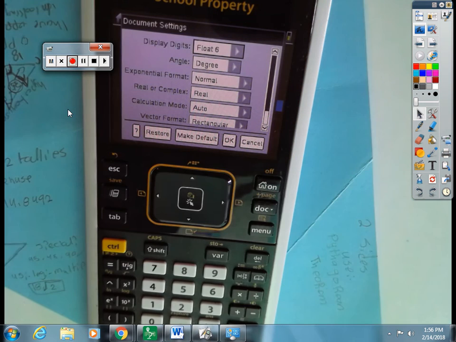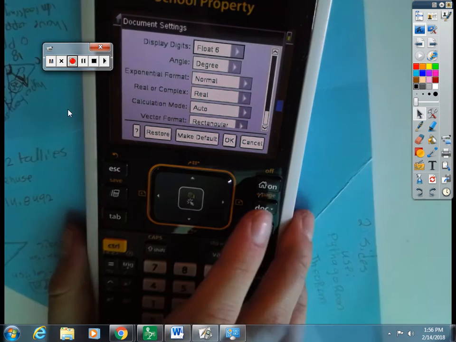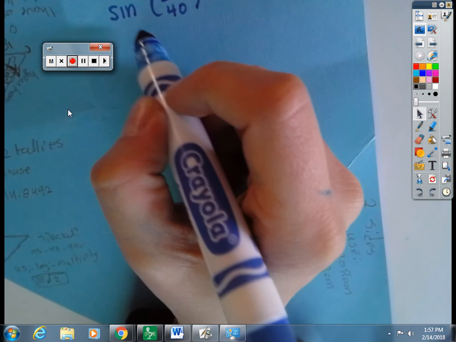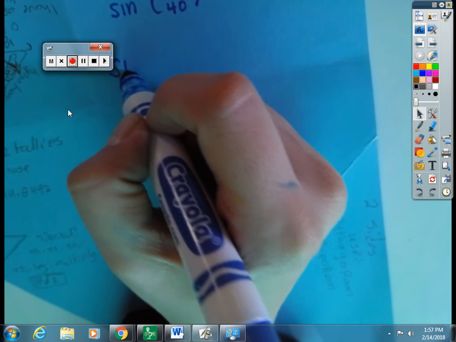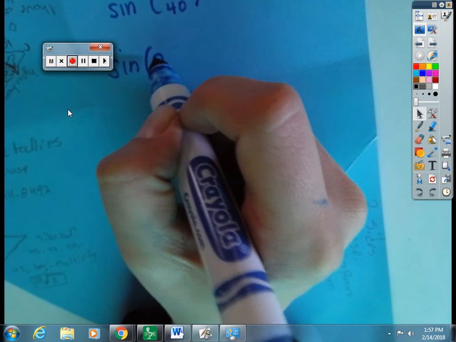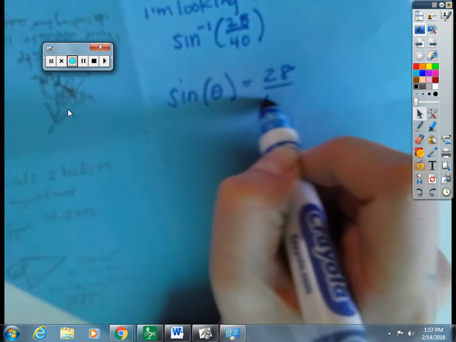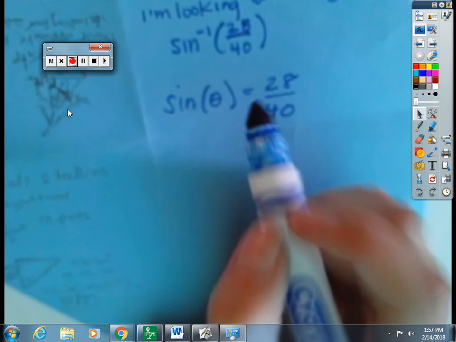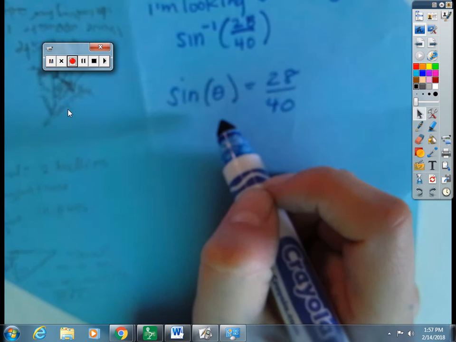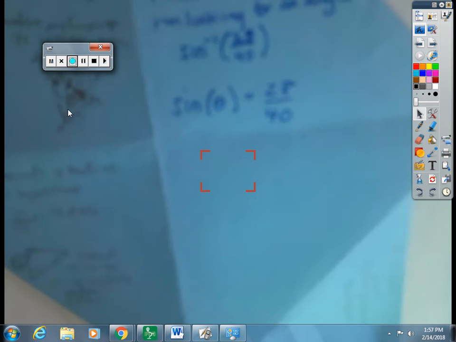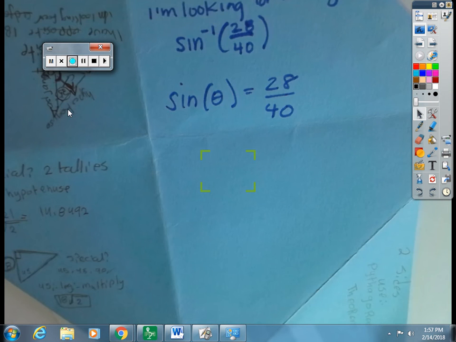I had a couple people ask me where I got this from. Essentially what you're doing is this: sine of an angle that you don't know equals 28 over 40. To undo, like how we have multiplication and division, to undo sine, you do inverse sine.